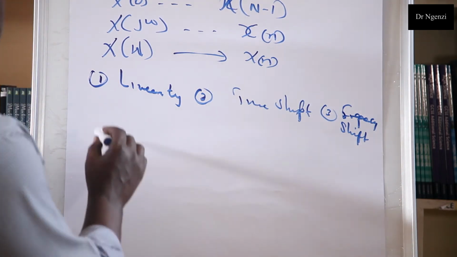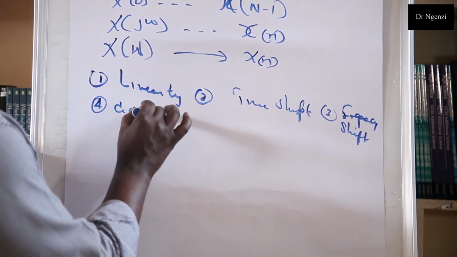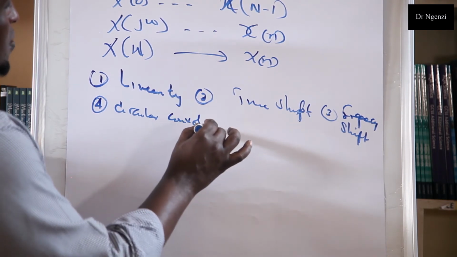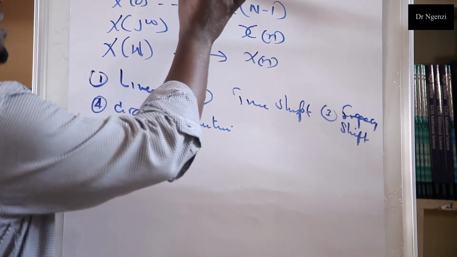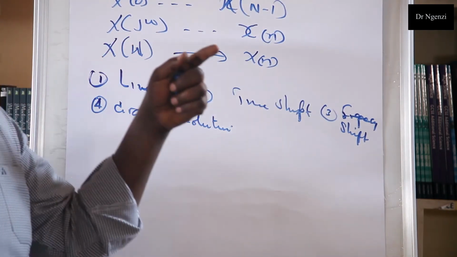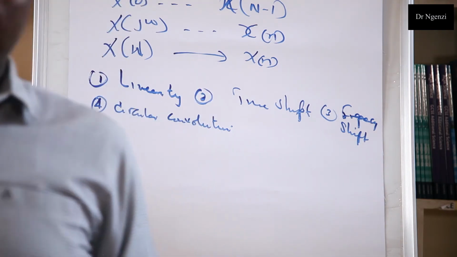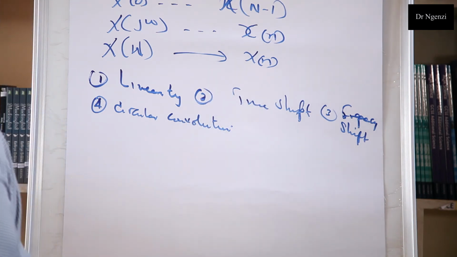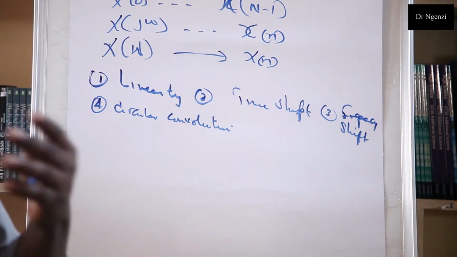The circular convolution is just bringing two signals together, where you have to do a convolution sum. In this case also, you can combine them. For example, you can have x of k times another x of k, then you can have y of k, bringing them together.